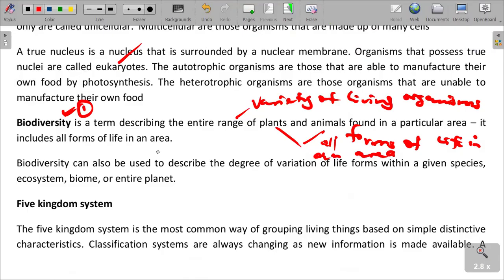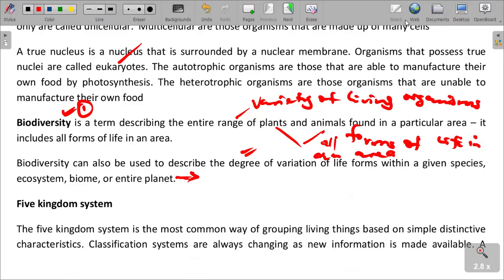It also identifies the degree of variation within a given species, ecosystems, biome, and the entire planet. So we can define it within some specific context: biodiversity identifies the variety of life forms within a given species or within an area.